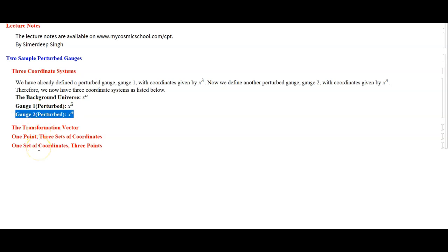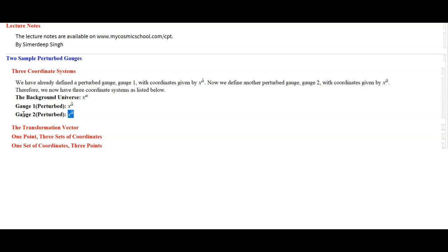Another thing to appreciate is this. If I take one set of coordinates, for example 1 0 0 0 in a 4-dimensional coordinate system, so x alpha equals 1 0 0 0, it points to one physical point in the background, and it will point to a different physical point in gauge 1 and in gauge 2.